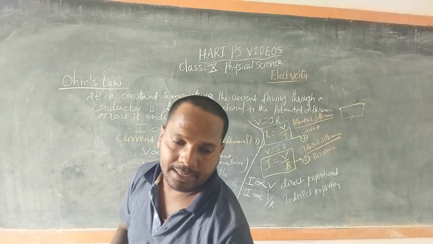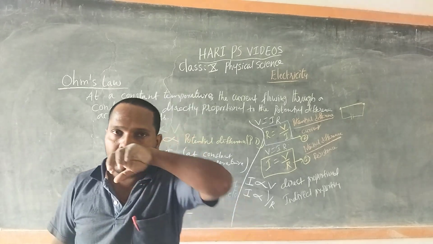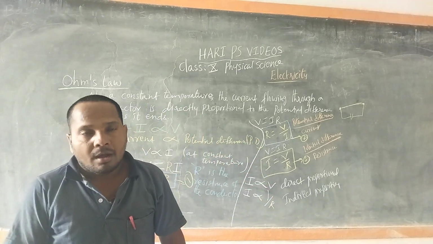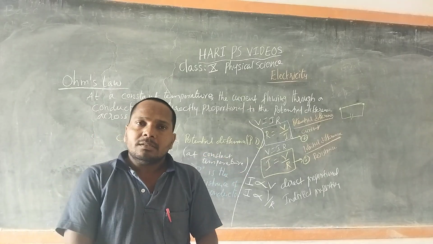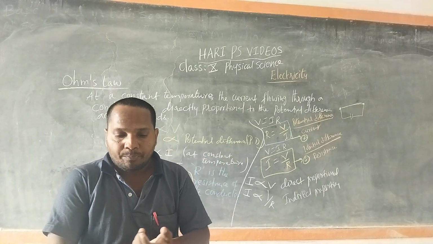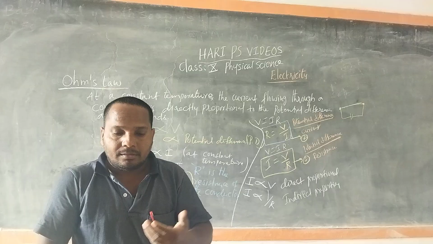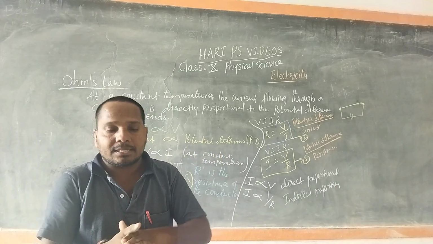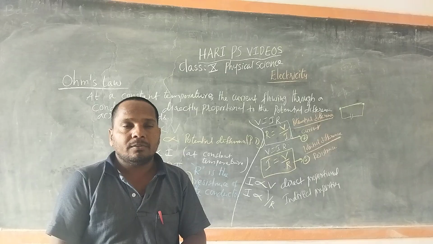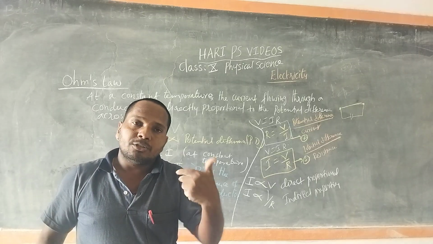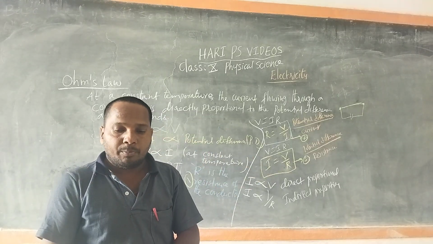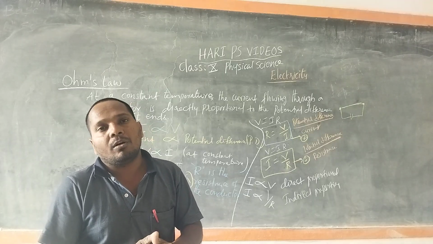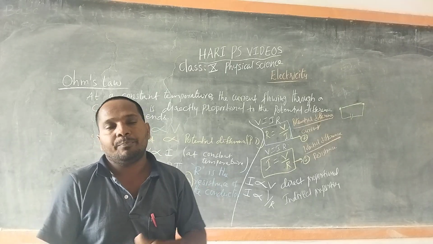If the conductor has more potential difference, then the current flow is also more. If the potential difference across the ends of the conductor is doubled, then the current flow is also doubled. If the potential difference is half, then the flow of electric current is also half.